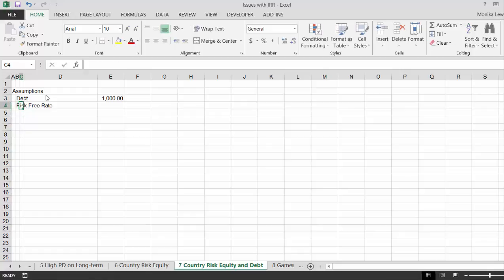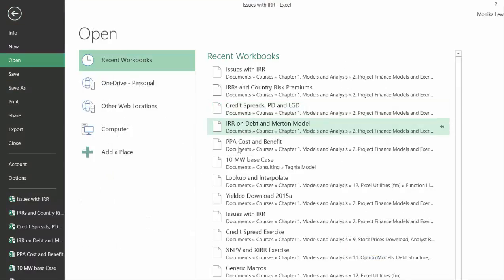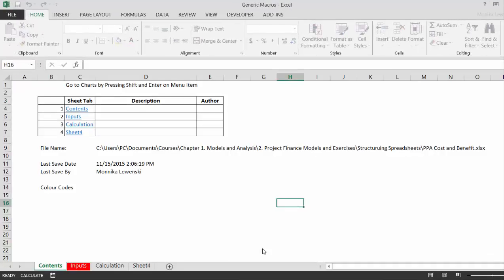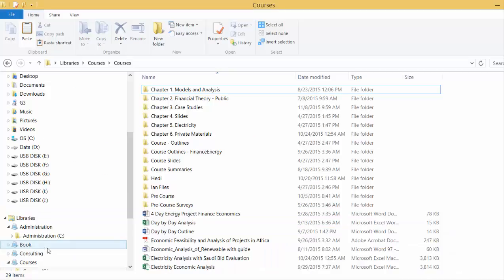Okay, so let's put a risk-free rate, and let's say the risk-free rate is 2%. How about, because we've got a credit spread, an interest rate swap. And where is my generic macro file? Here it is. And by the way, why don't we just open a file in chapter 1?